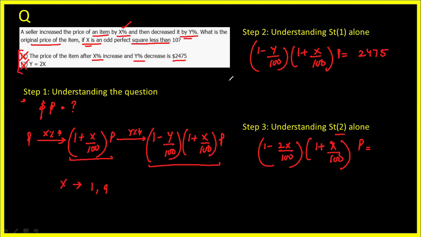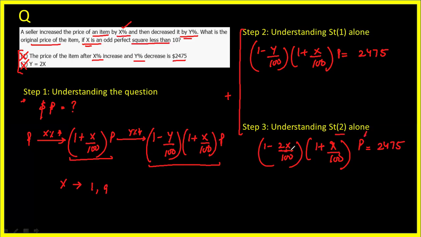Let's club statement 1 and statement 2. If we club them, we understood that the final price is 2475. Now we know that X could be 1 or X could be 9. If we substitute 1 one time in this equation and 9 the other time, the value of P will be different.